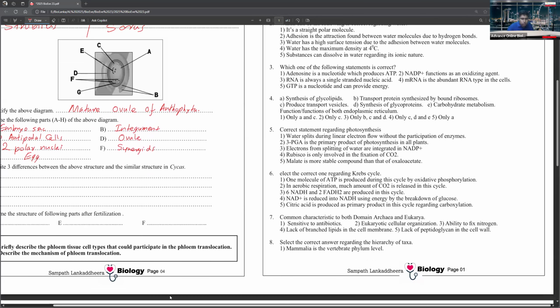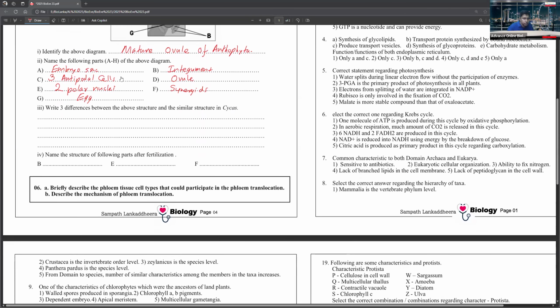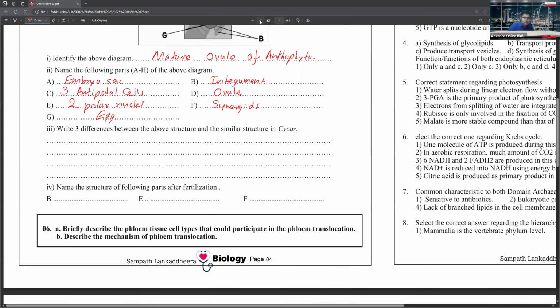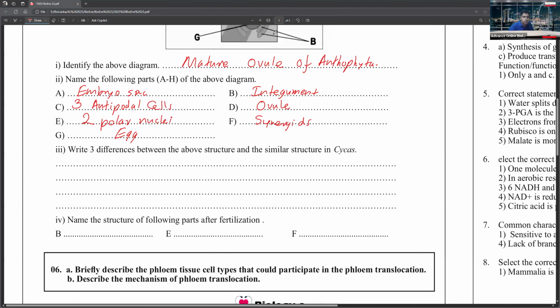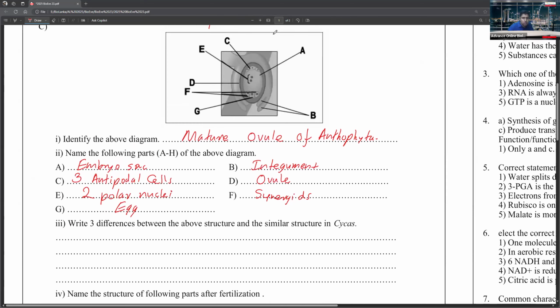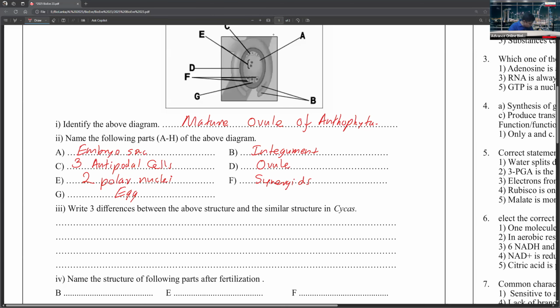We'll move to this last part now. Write three differences between above structure and similar structure in Cycas. You can take ovule, both ovule.